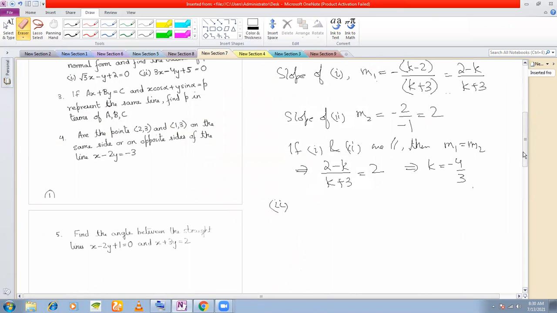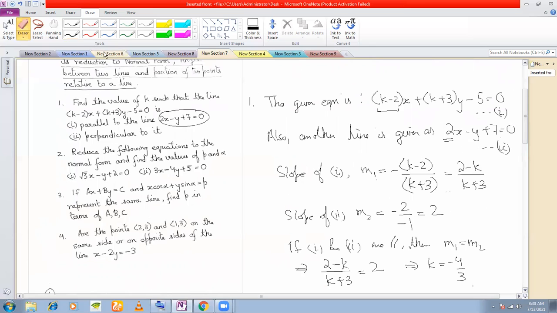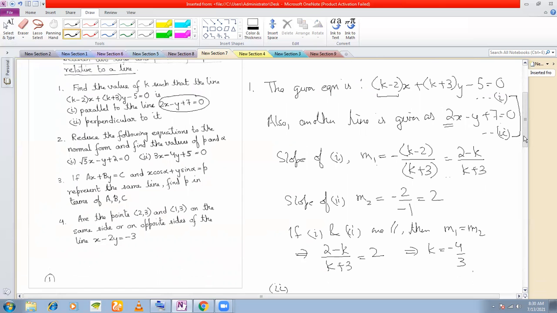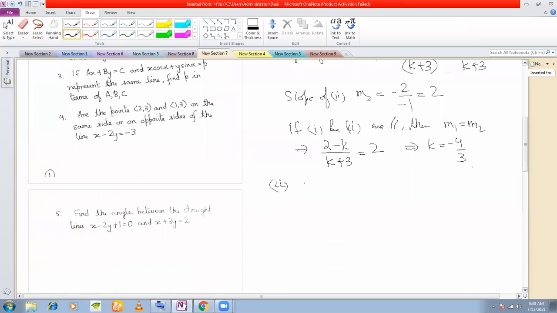Now we have found out m1 and m2 above, right? Now if these two straight lines, instead of being parallel, are perpendicular, then what will happen? The product of the slopes must be equal to minus 1. If 1 and 2 are perpendicular, then m1 m2 must be equal to minus 1. Put the values. Value of m1 is 2 minus k by k plus 3, and the value of m2 here is 2, equal to minus 1.